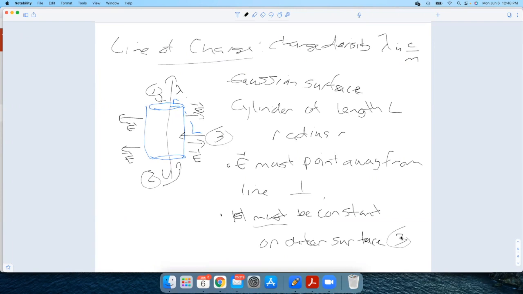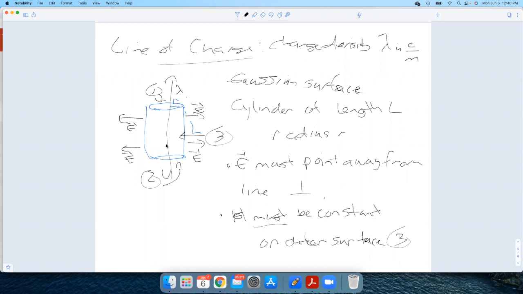Why does E have to be constant there? Where did this come from? All those points on the label, all these points out here, are all the same distance from the line. There's no reason why a spot up here would have a bigger electric field than a spot down here. They're identical as far as the universe is concerned. It's an infinite line. It doesn't care about this spot versus that spot.